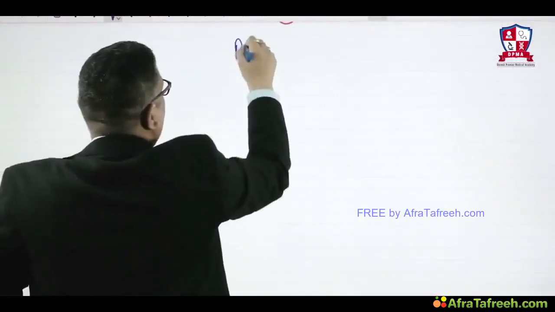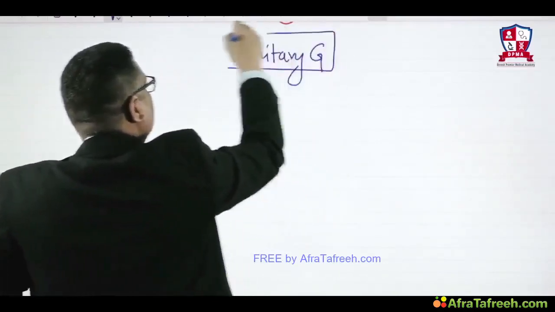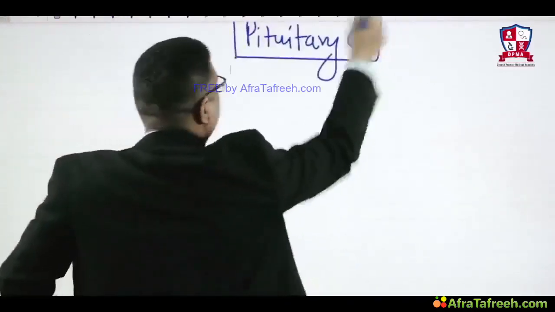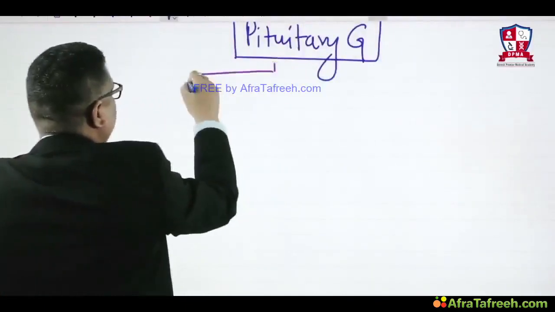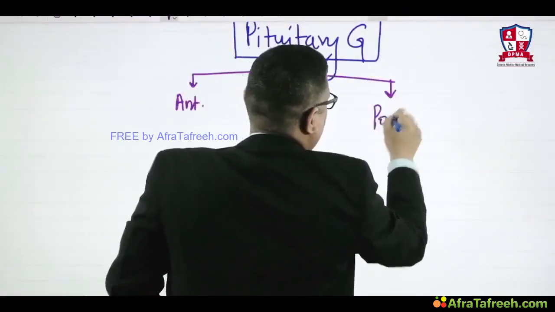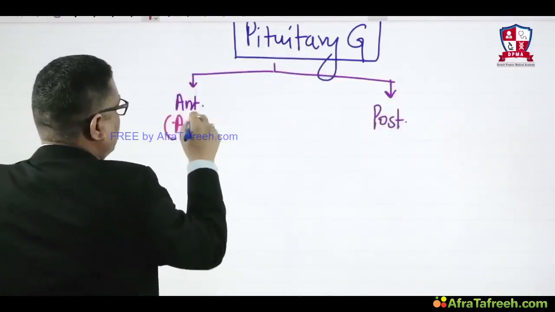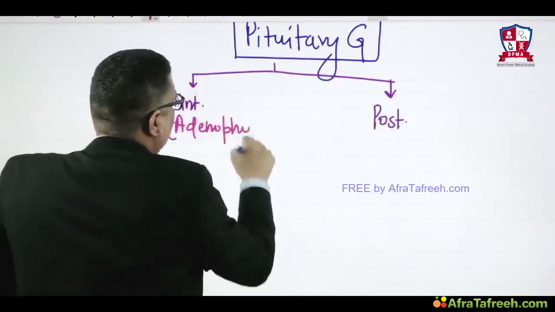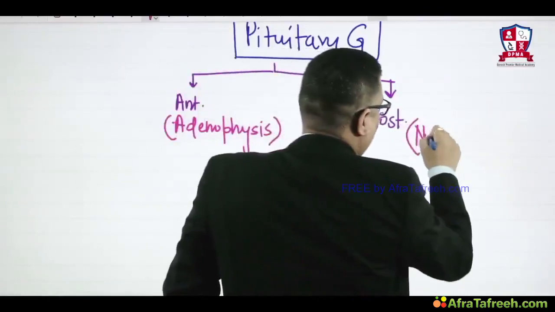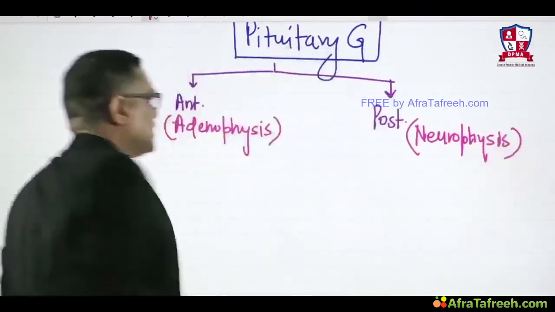If you study the pituitary gland, as I said, it has two lobes, anterior and posterior. The anterior lobe is also known as adenohypophysis. The posterior lobe is also known as neurohypophysis.